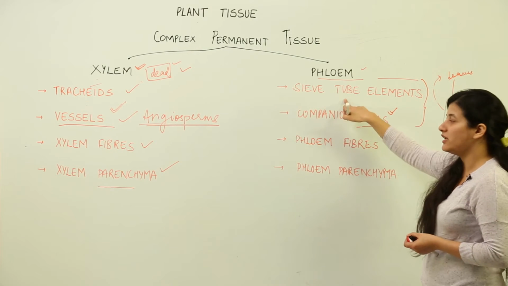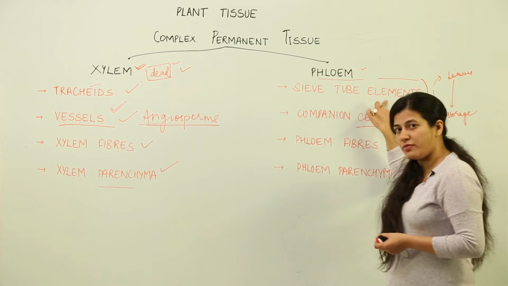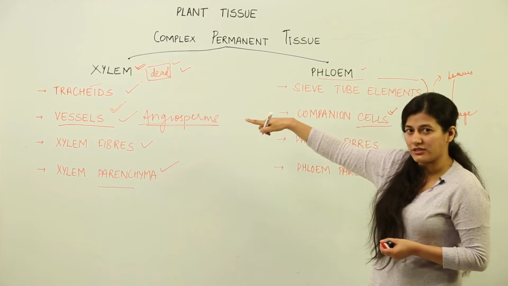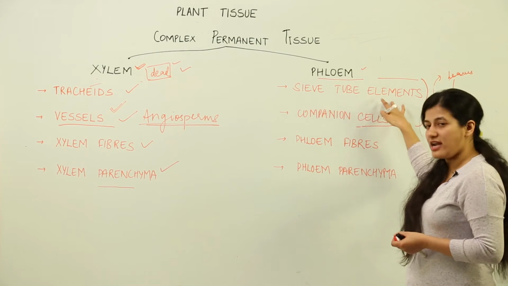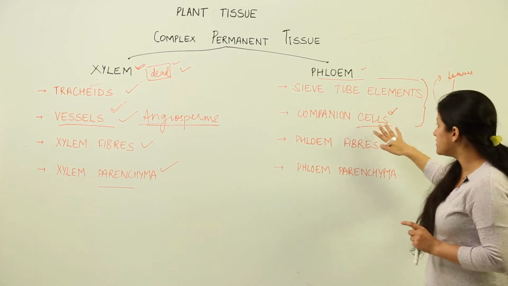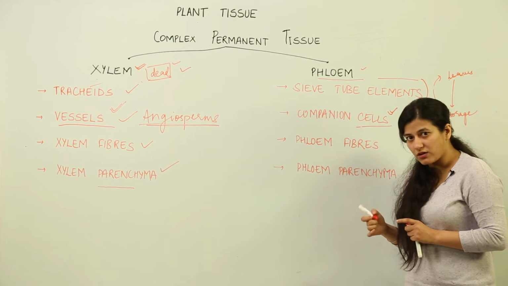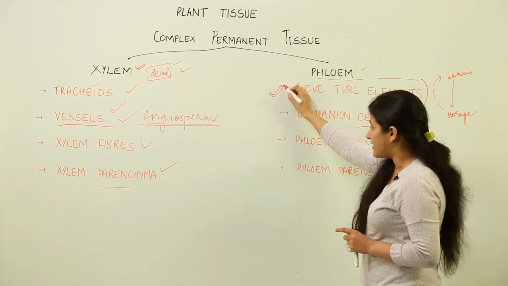That's why it is the companion of the sieve tube element. The main conduction is done by sieve tube elements. I told you in the beginning that they would conduct the food material. So main conduction is done by the tube-like sieve tube elements. They are also cells. They would not resemble tubes, but they would be tube-like cells. That means they would have all the cellular composition, but yet again it would be somewhat dead.